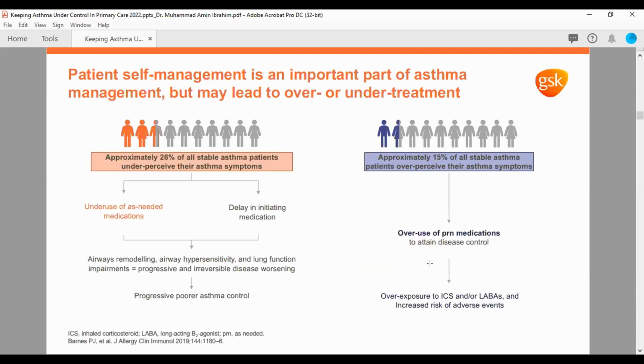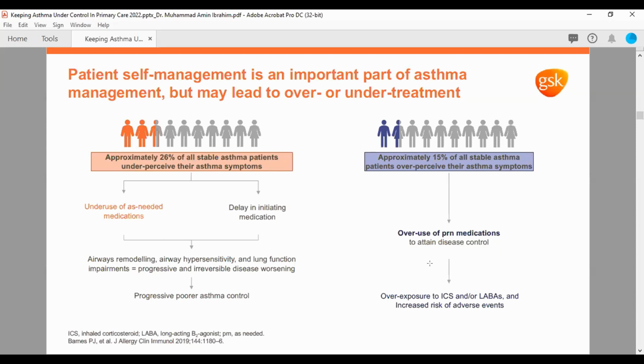Why is it important? Because mismatch of the symptom, either under-perceive or over-perceive asthma symptom, will lead to over or under treatment of asthma. About a quarter of the patients who are stable under-perceive their asthma control. So they think the asthma control is well, but when we do the objective assessment, the asthma is not well controlled.